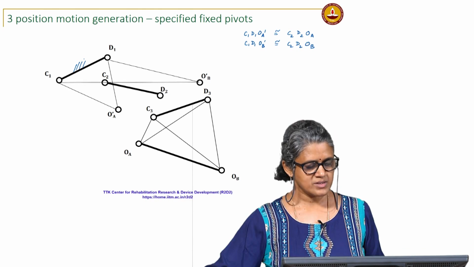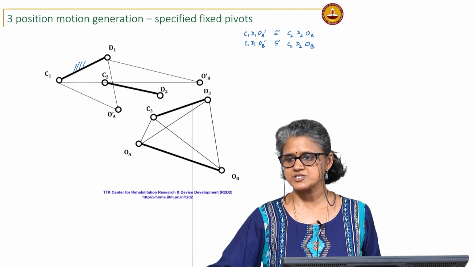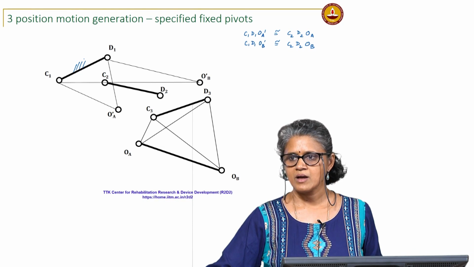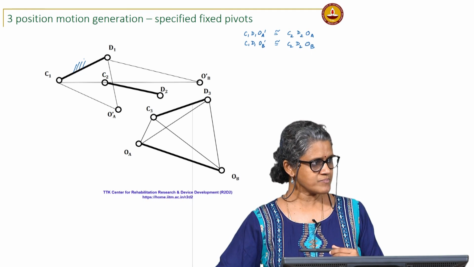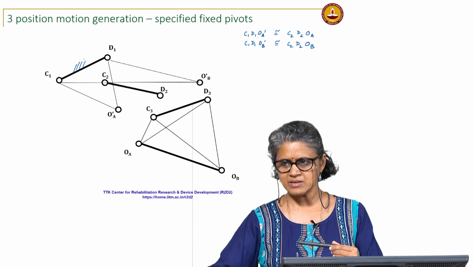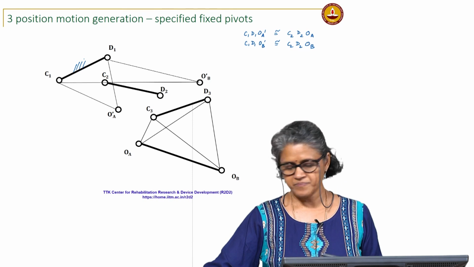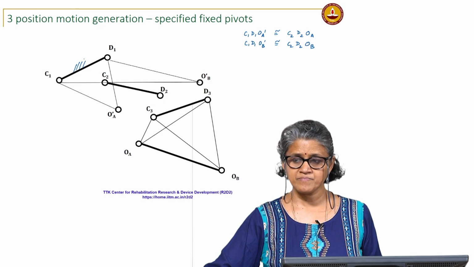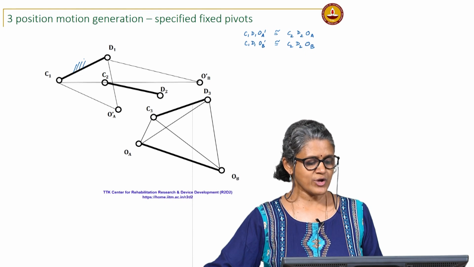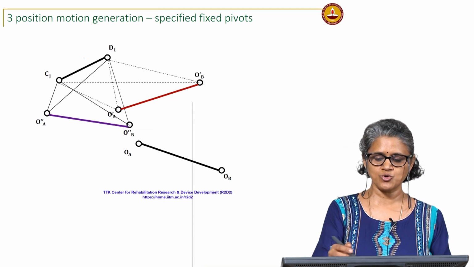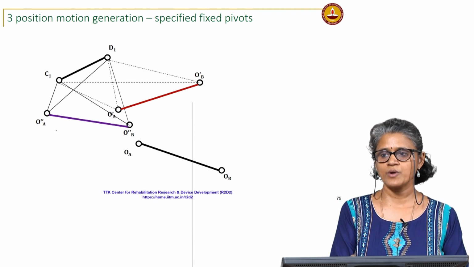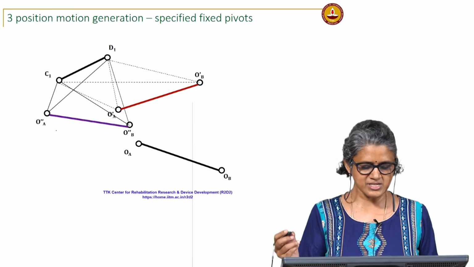Okay. Similarly, for the third position, I find out where OA OB are located with respect to C3 D3, and again transfer that relative location to the first position. So, OA dash OB dash, now I have OA double dash and OB double dash.